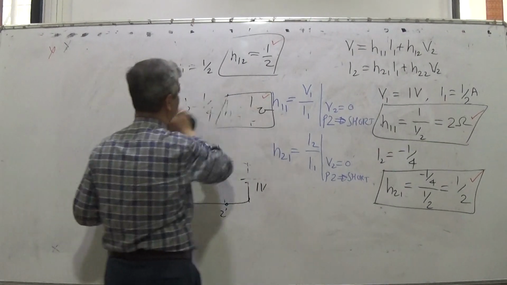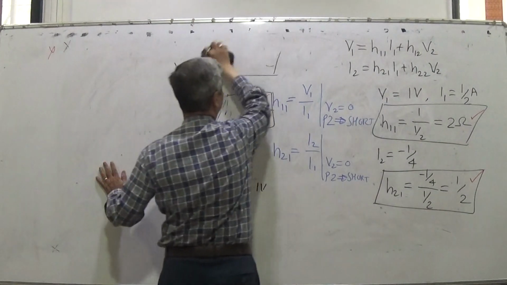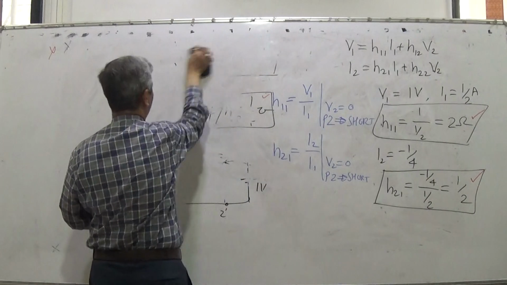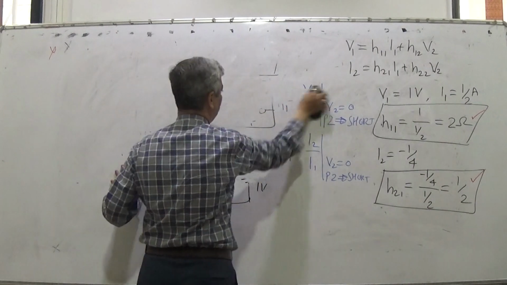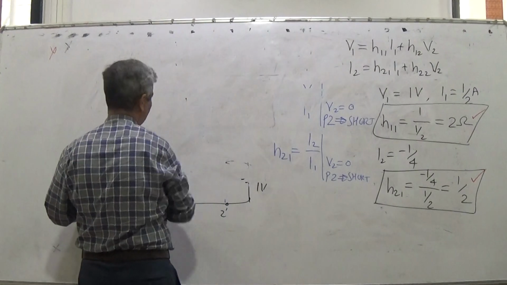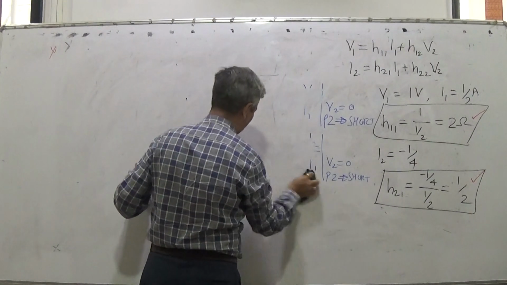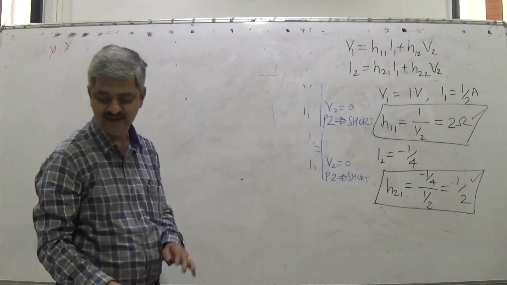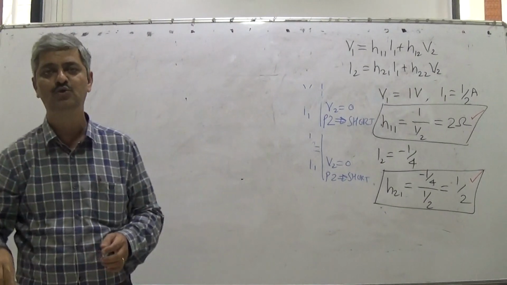Any two can be expressed as a linear combination of the remaining two. So now this is the fourth set of parameters in which port 1 parameters, that is V1 and I1, are expressed as a linear combination of V2 and I2.